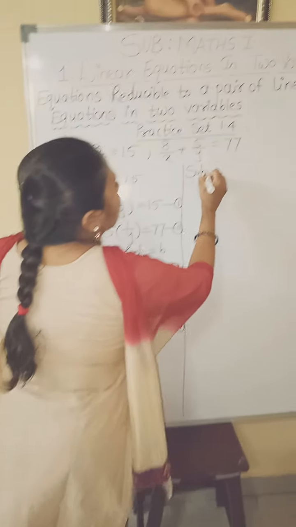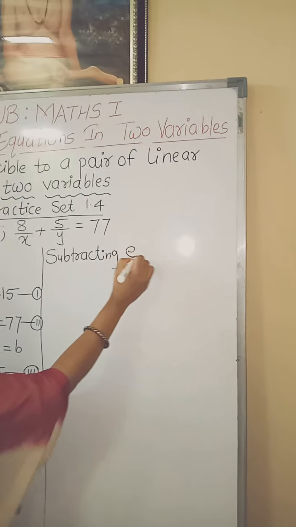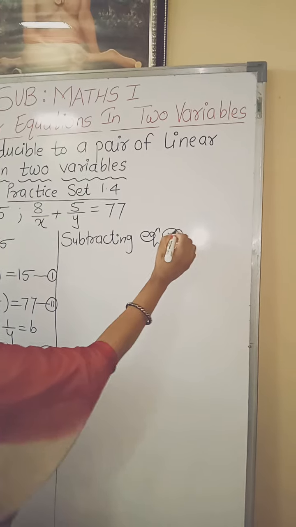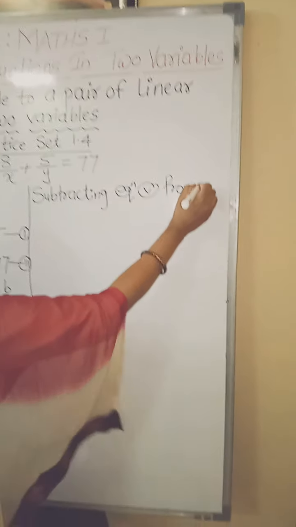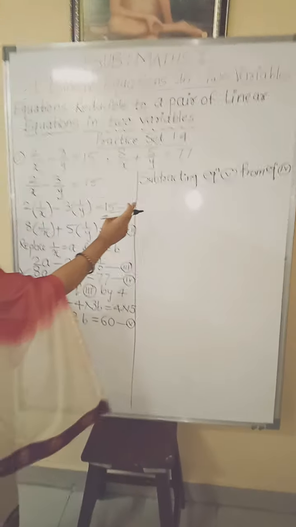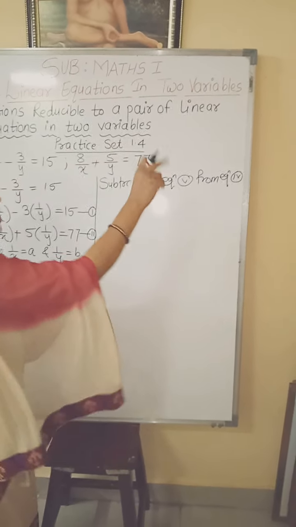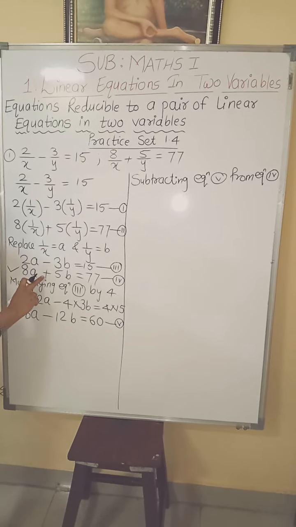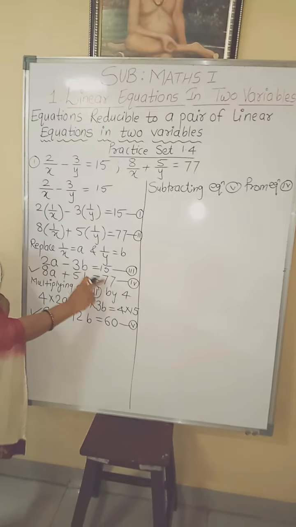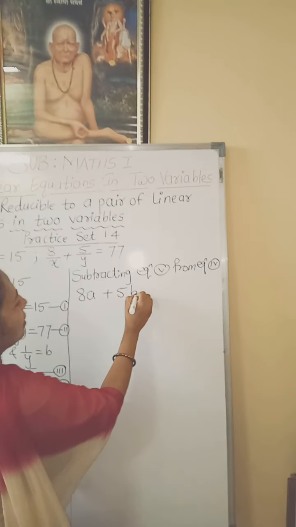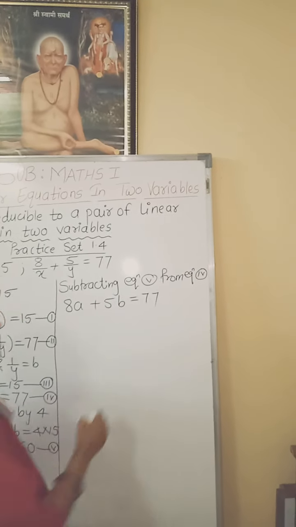Subtracting equation 5 from equation 4. So we will write the fourth equation first: 8a plus 5b equal to 77.